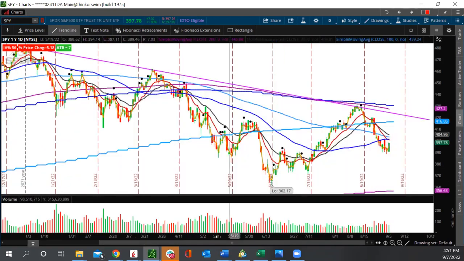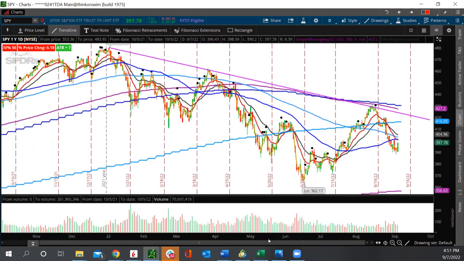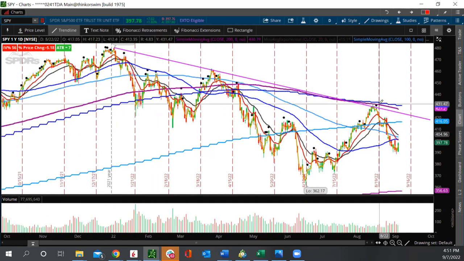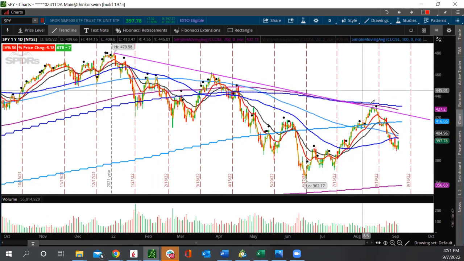If you know we're in a downtrend, and we're making a series of, well, we were up, now we're starting to make some higher highs and higher lows, but still that trend line is holding. And you can see on SPY, it's 3 different times price came right up to it and got rejected.